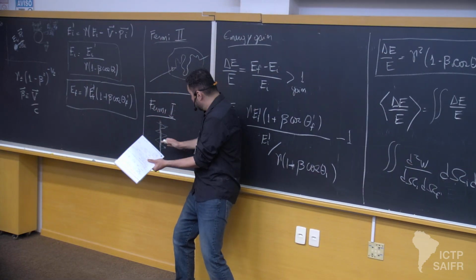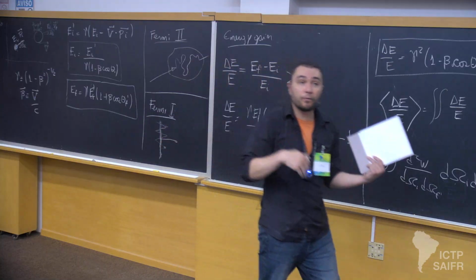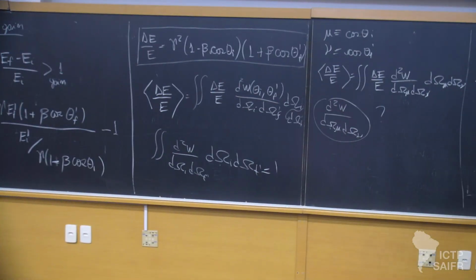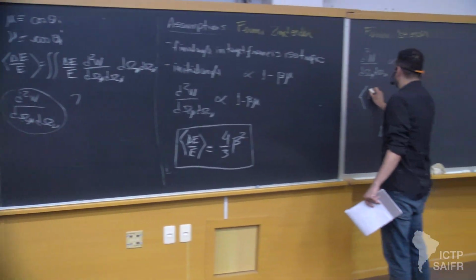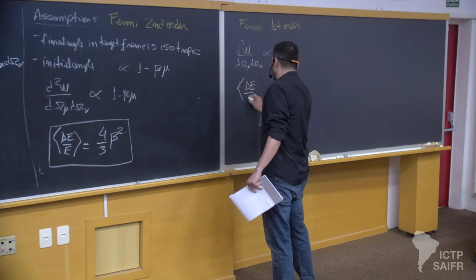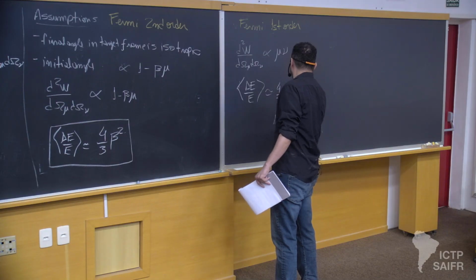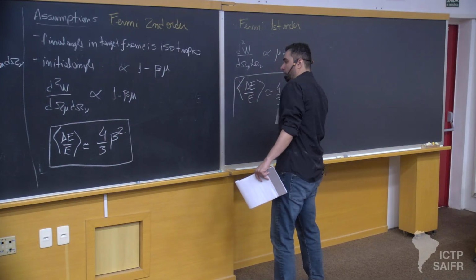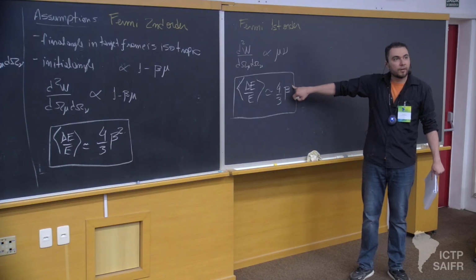So you understand that this direction here is preferential, right? There is a cosine both for the particle and for the shock. Hence, this form. And what we get in the end is delta E over E, which is 4/3 of beta. First order in beta, more than 1, energy net gain.